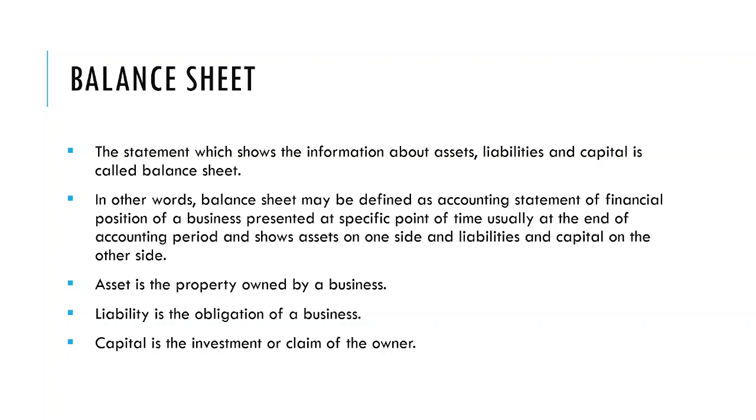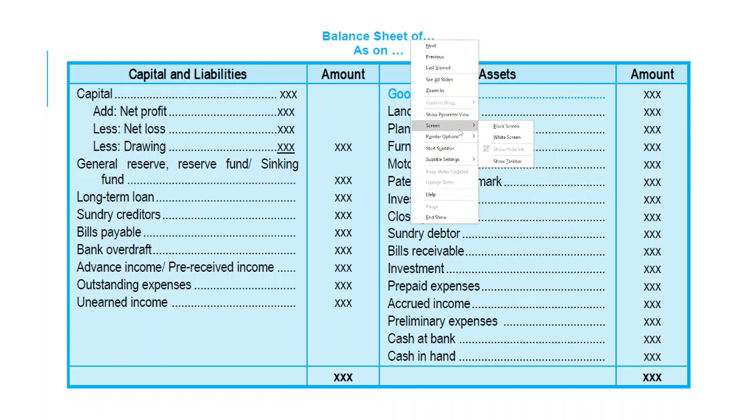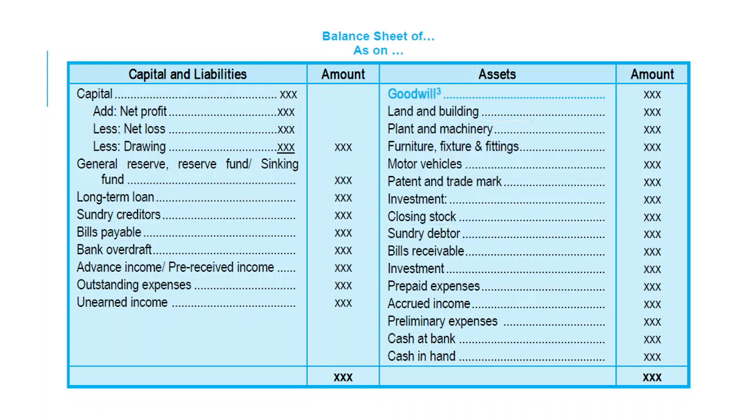Now let's check the format of a balance sheet quickly. This is how the format of a balance sheet looks like. At the top, you write the title, balance sheet of, and here you are going to write the name of the company.